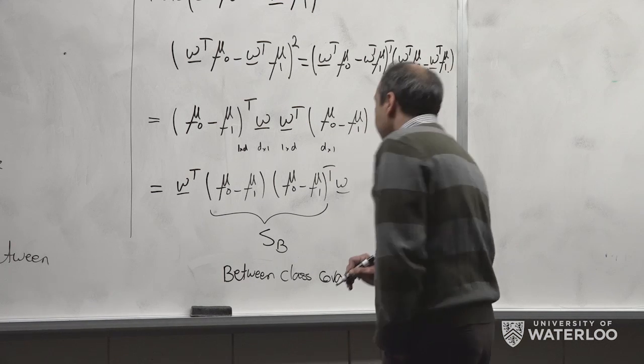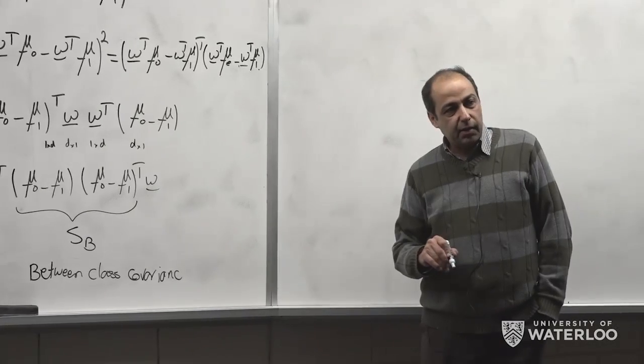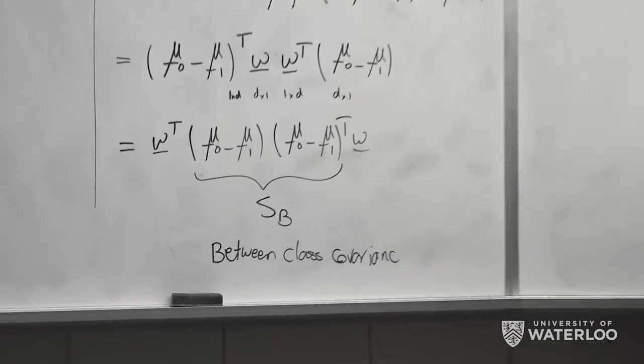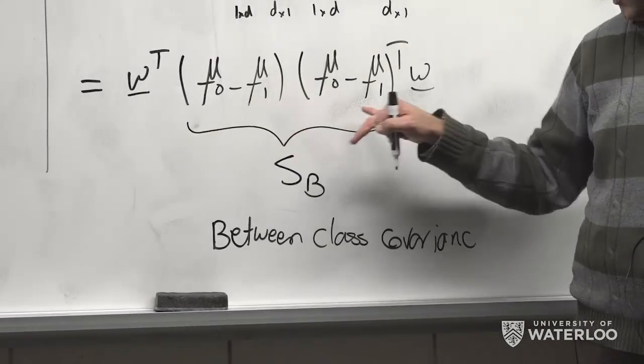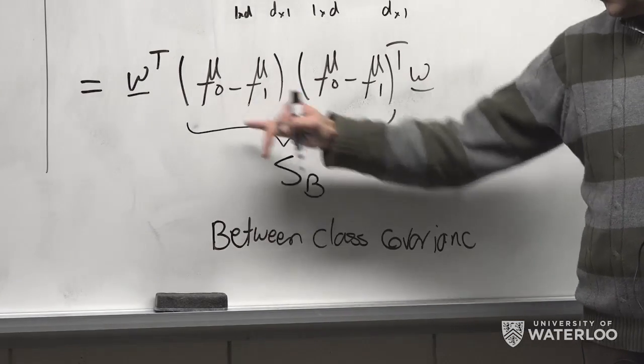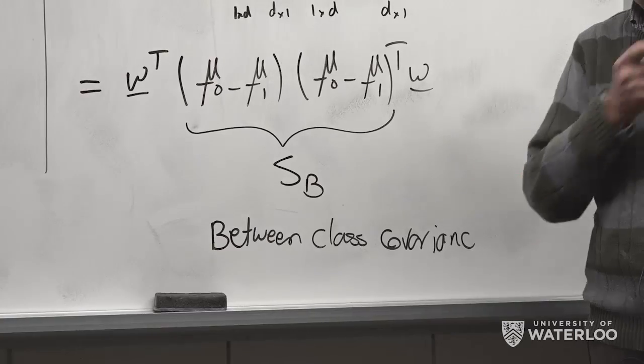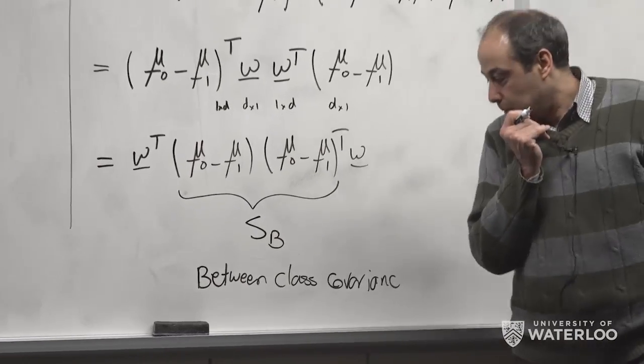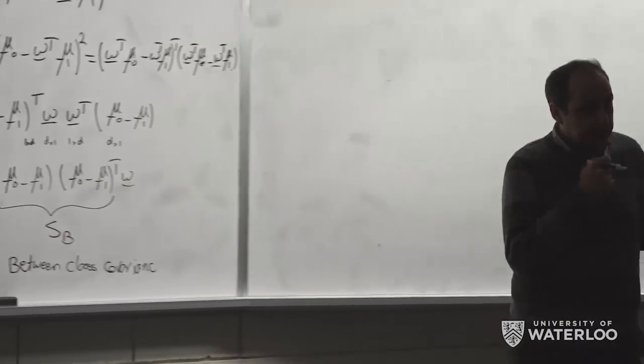And call it between class covariance. It's a D by D matrix. See, this is D by 1. This is 1 by D. It's going to be a D by D matrix, SB. I call it between class covariance.